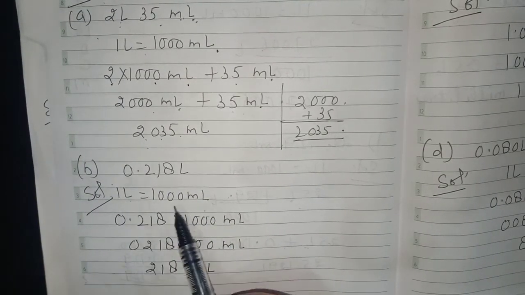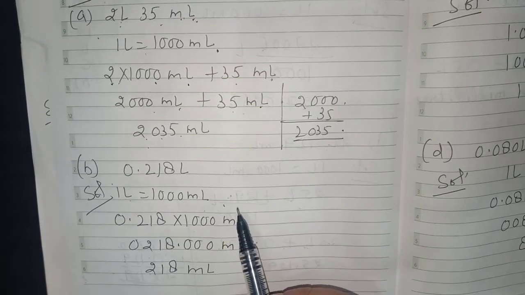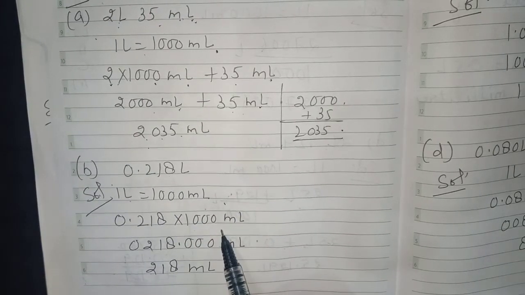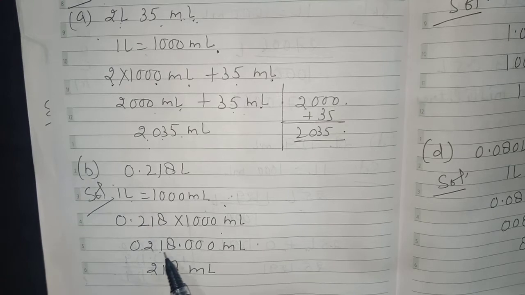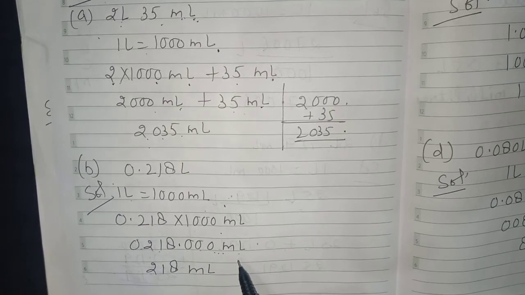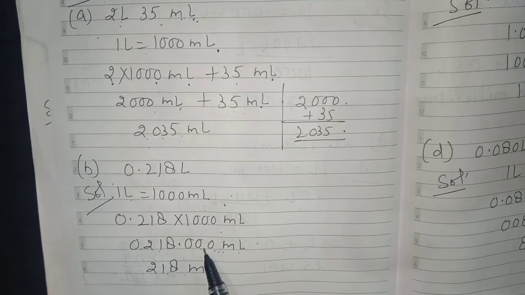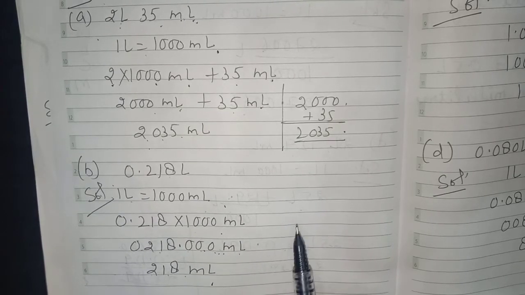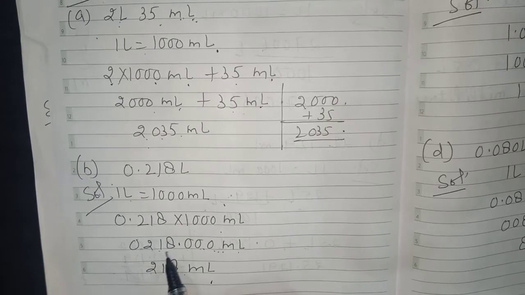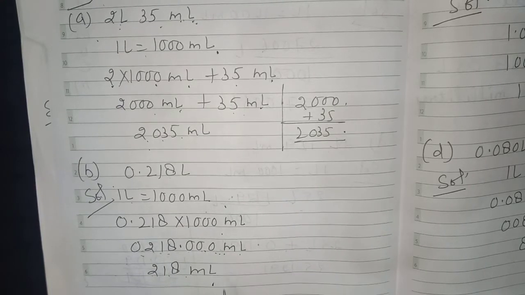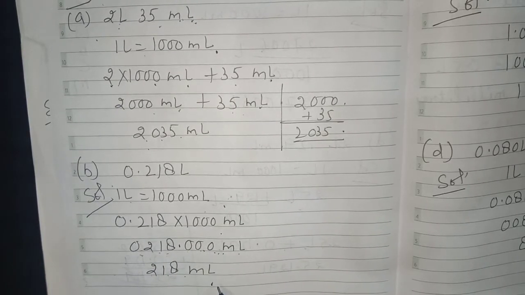Again we know 1 liter is equal to 1000 milliliter. We have to multiply this by 1000 and we will get 0218.000 milliliter. So we can say 218 milliliter is the answer, because after the decimal if you have only zeros you can skip them, and a 0 before the number has no value. So the final answer will be 218 milliliter.